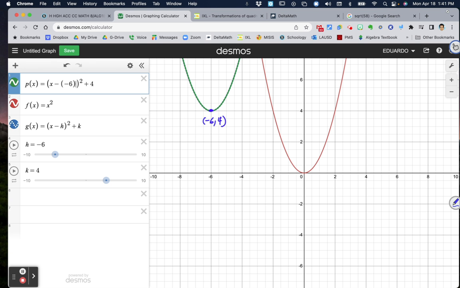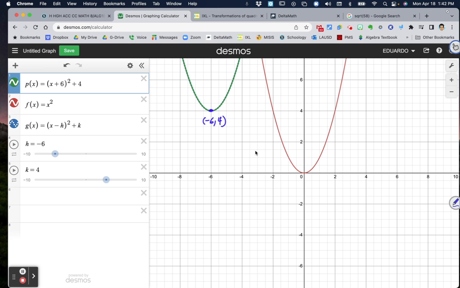How can I simplify that though? Yeah, that's a double negative. That's why it's basically the opposite of what we normally would expect, because of that double negative. So I'm going to simplify this and write this as x plus 6. And there it is. Okay?